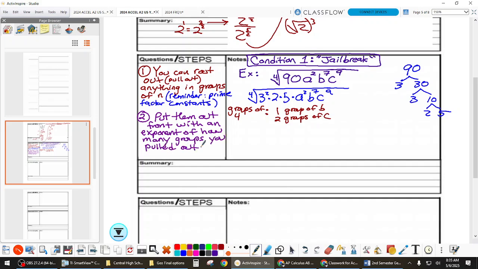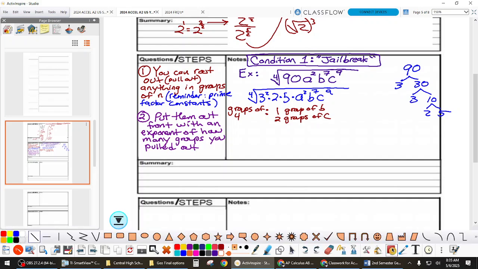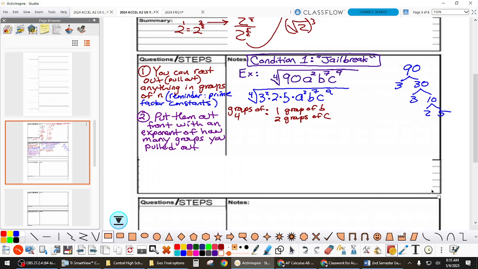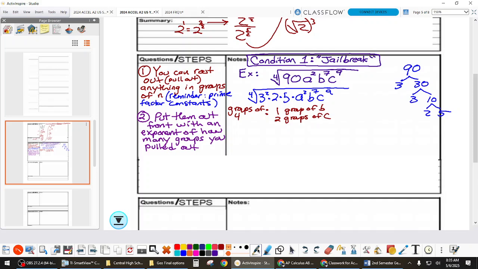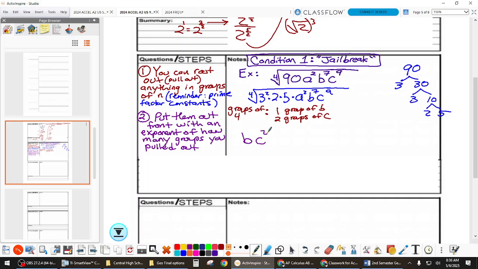Alright, so you're putting them out front, and the exponent is how many groups you pulled out. So I'm going to put out a b and c squared, and then 4th root.